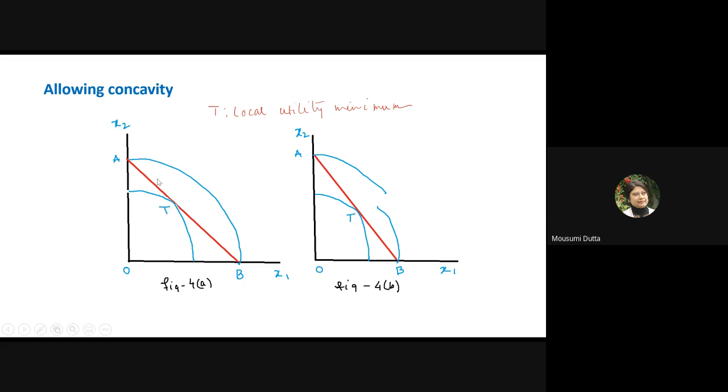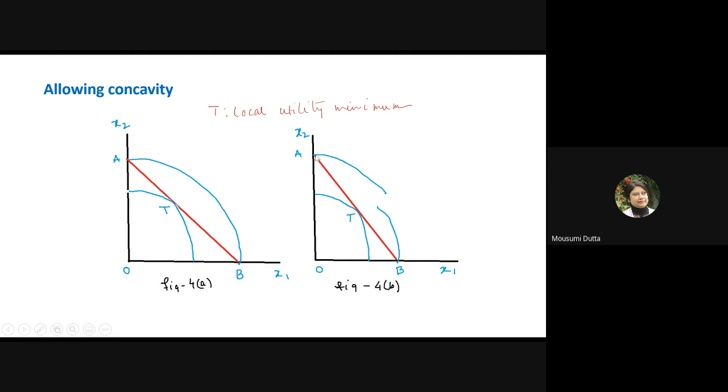If I move towards A or towards B, I can extend the indifference curve like this using the dotted line, or like this. If I move towards B, I can move to a higher indifference curve, still remaining on the budget line.